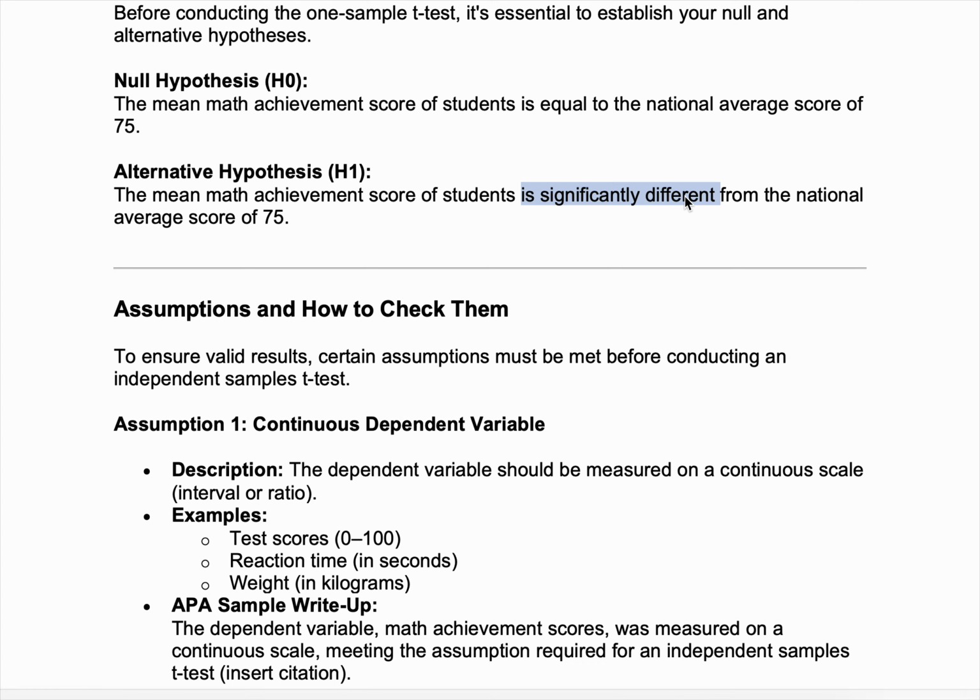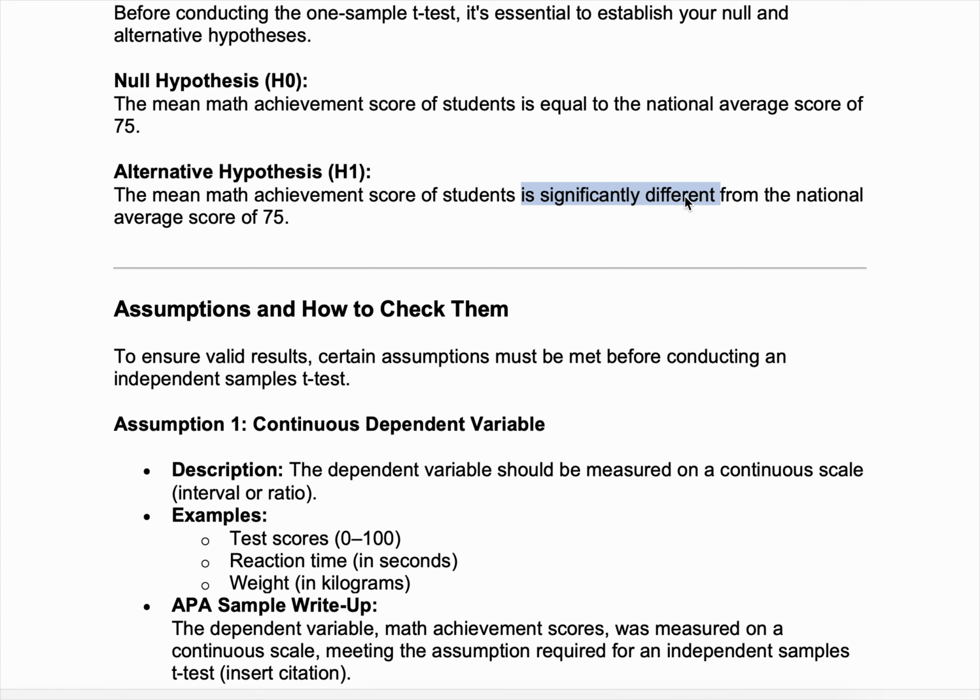And it's really important that you have that word significantly in, because it's possible that the two scores could be different. It could be a 73 versus a 75. Those are different. What we're doing in quantitative inferential statistics is not trying to state a fact. 73 is different from 75. That's a fact.